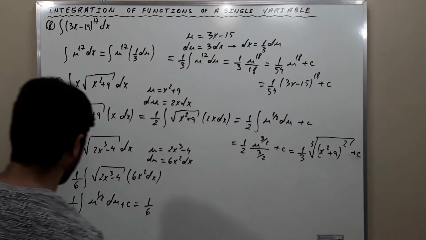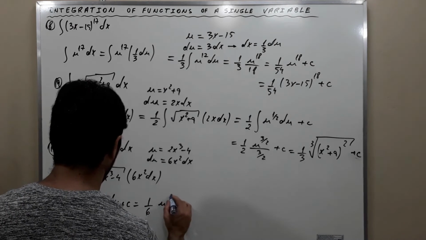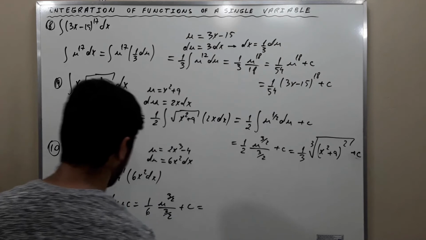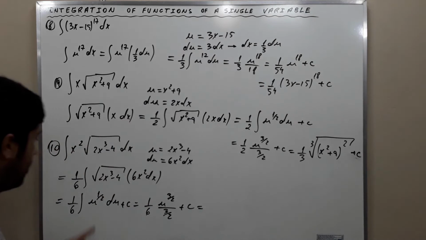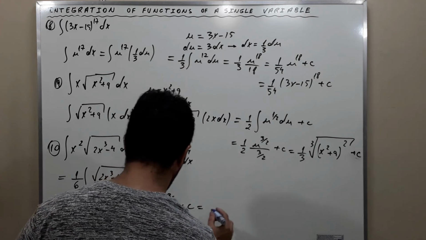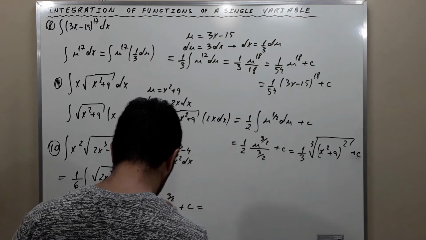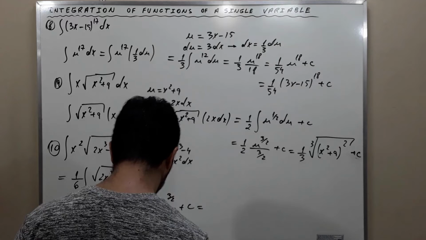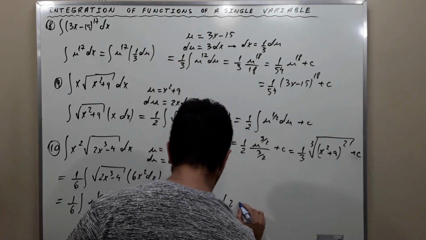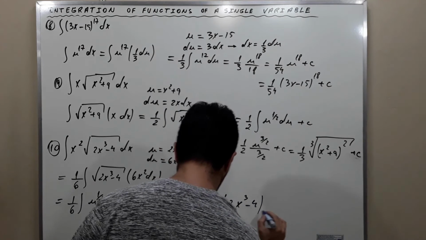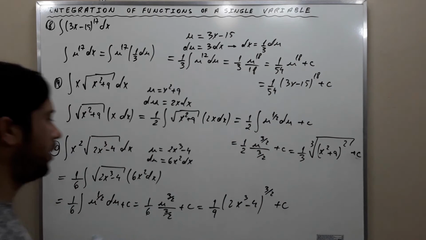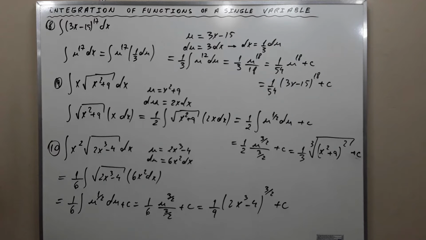It's a sixth of u raised to the power of 3/2 divided by 3/2 plus c, and substituting back, we need to substitute back by this, and we get that this integral is going to be 1/9 times 2x cubed minus 4 raised to the power of 3/2 plus c. And this is the result of exercise 10.